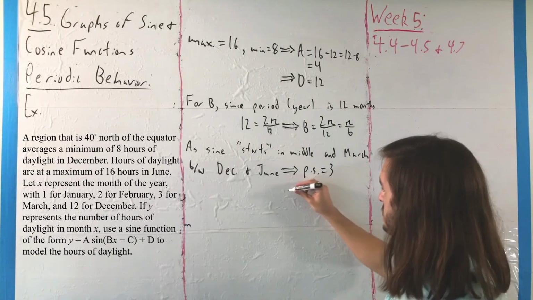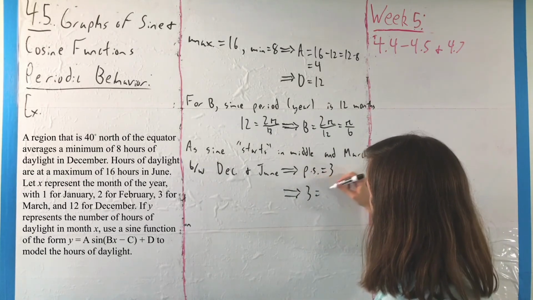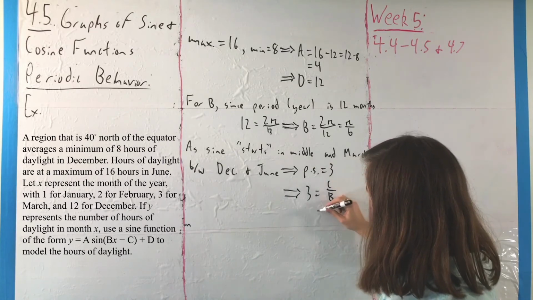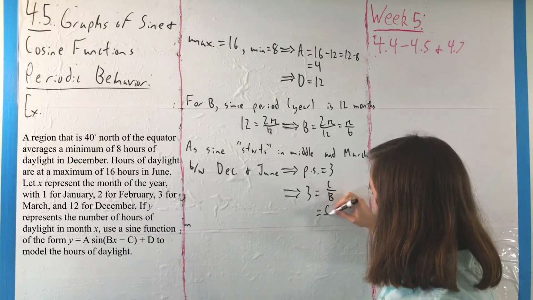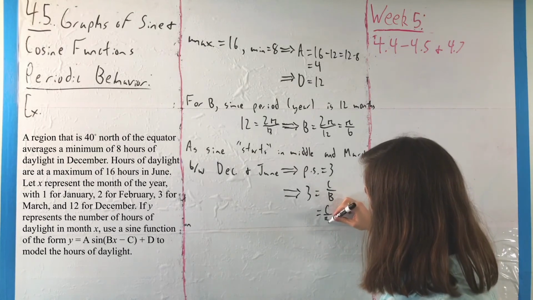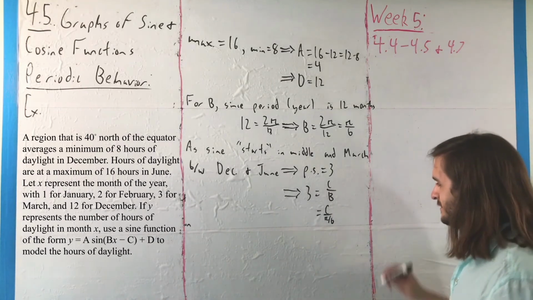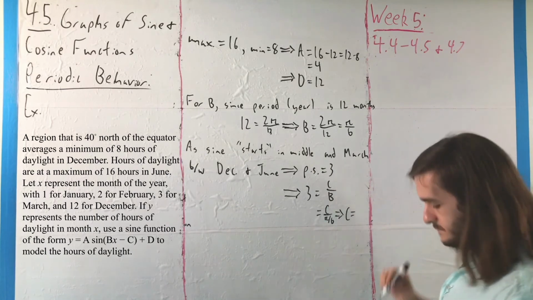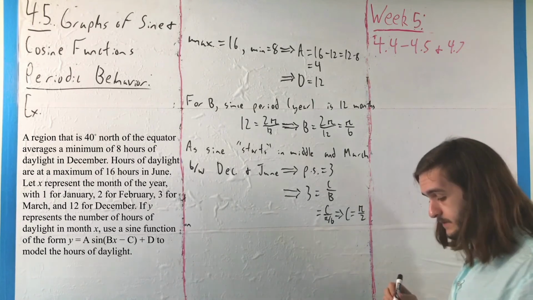As a result, we have that 3 is equal to c over b, or c over pi sixths, which is the same as saying that c, in this case, is pi over 2.